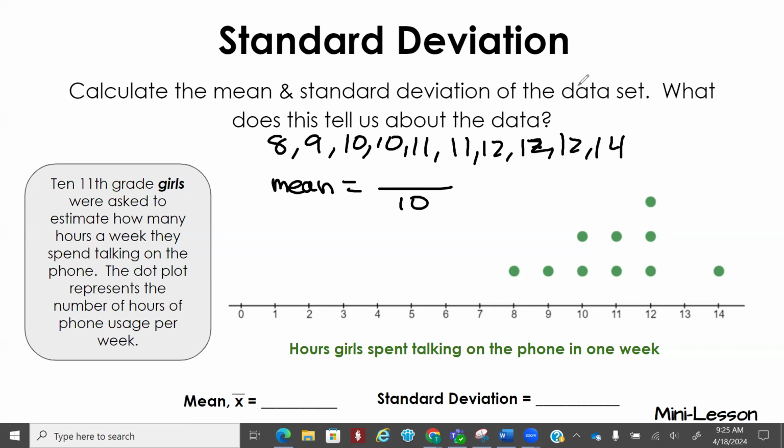Add up all those numbers and then divide by 10. It should be 109 divided by 10. So add them all up and then divide by 10.